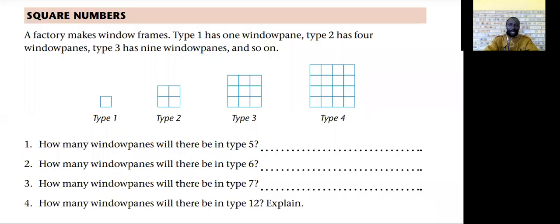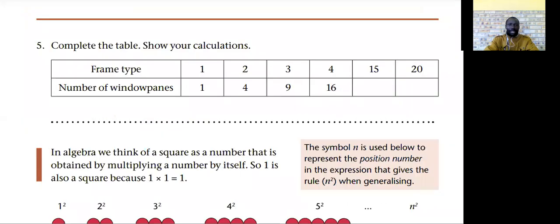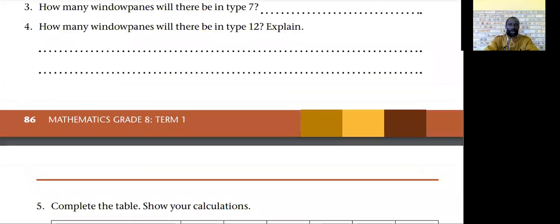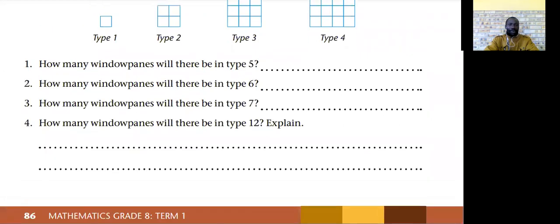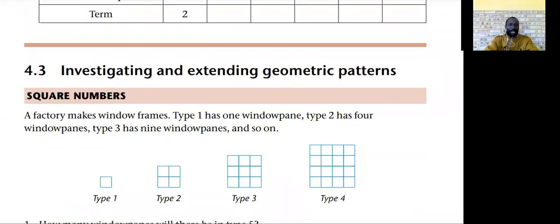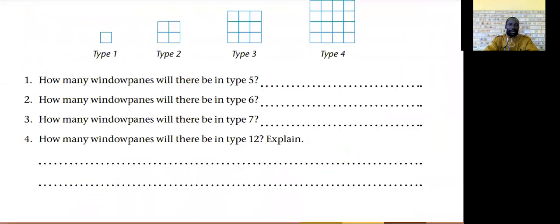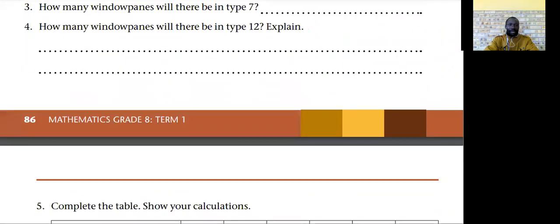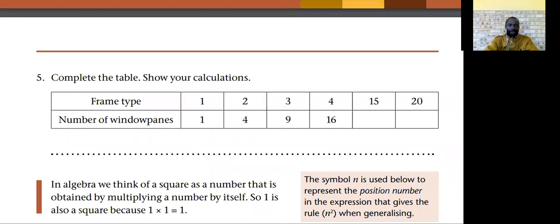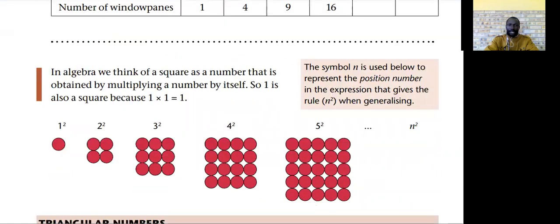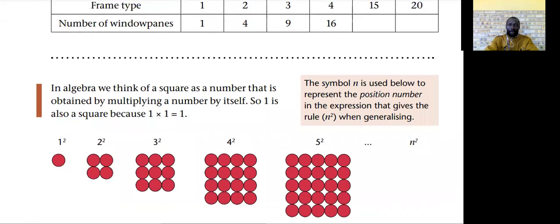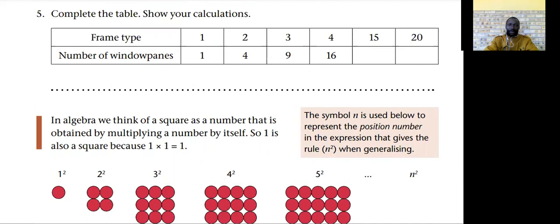Square numbers start with part 1, part 3, part 4, part 5. Yes, these are additional information, okay? So square numbers stop here. It is broken down into 5 parts.